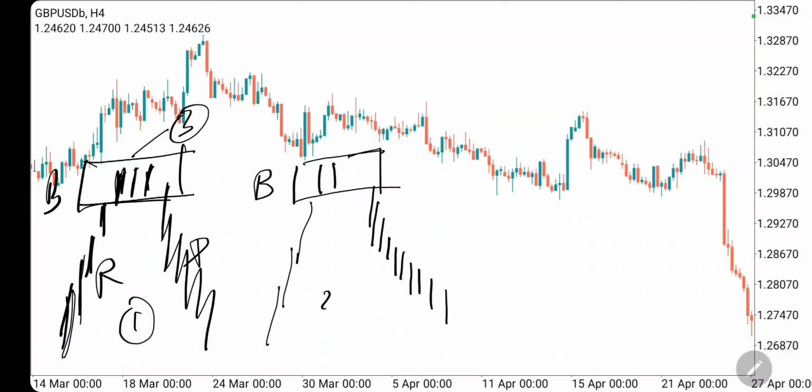Now for demand zones, we have drop base rally demand zone, and rally base rally demand zone. All right, so these are the types of demand and supply zones that we have.